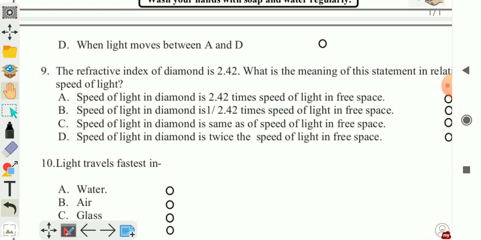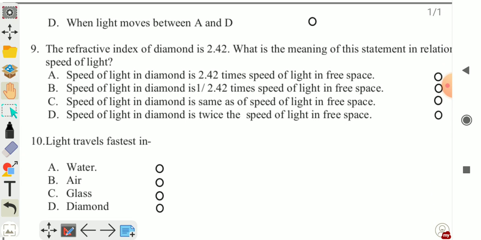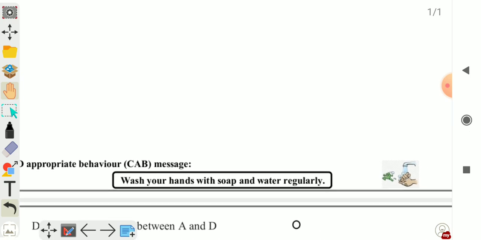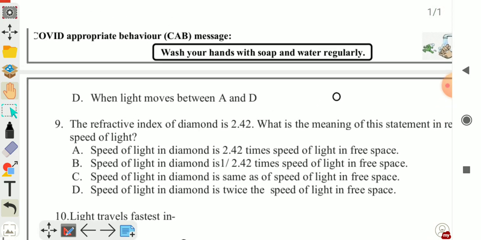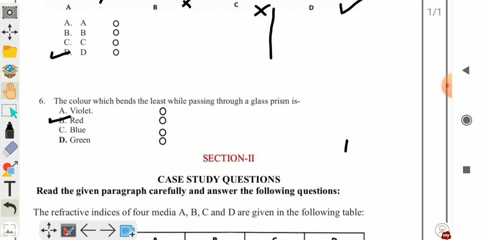You are given 4 options. So these are the options.